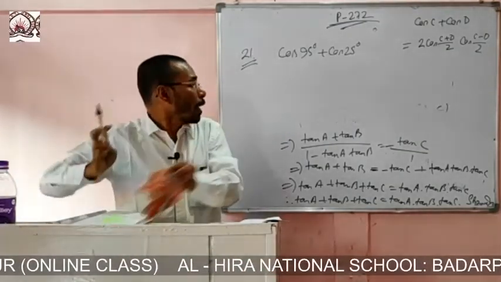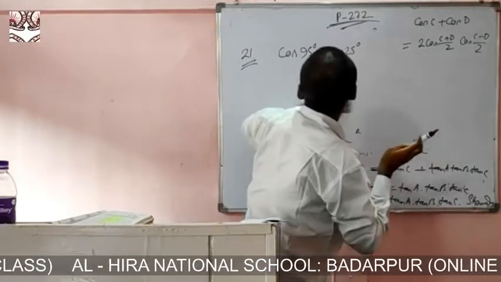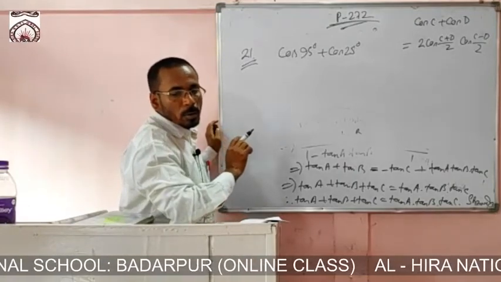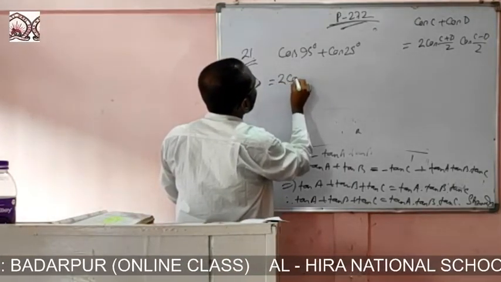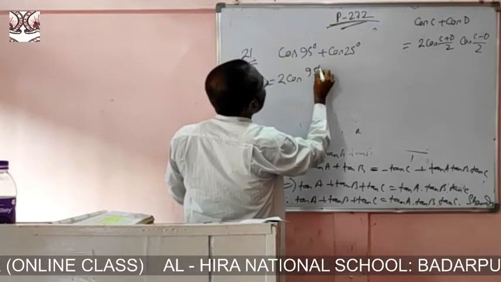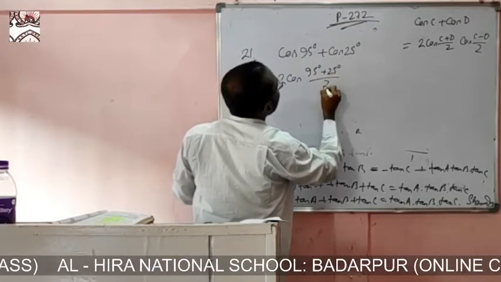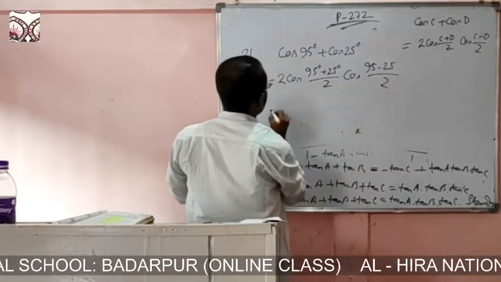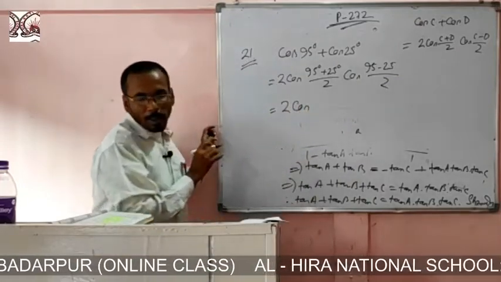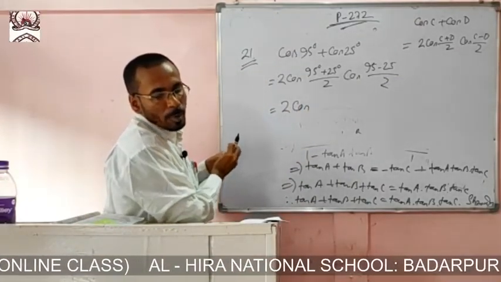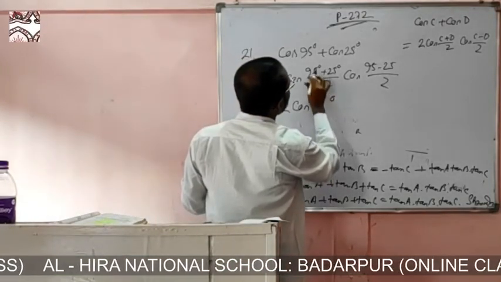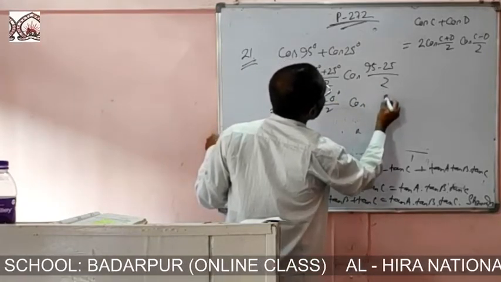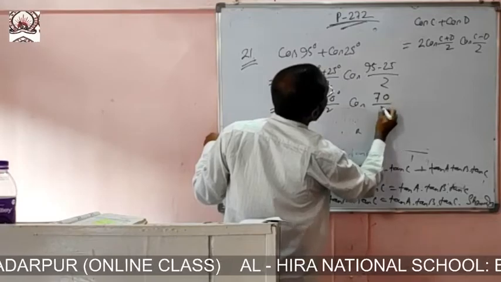So by using this formula we get twice cos (95 plus 25) by 2 into cos (95 minus 25) by 2. 95 plus 25 will be 120, by 2, and 95 minus 25 is 70, by 2.